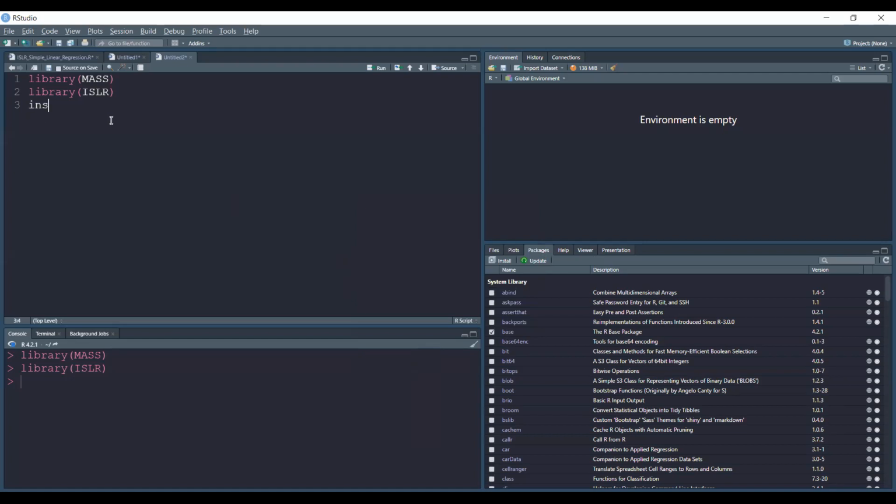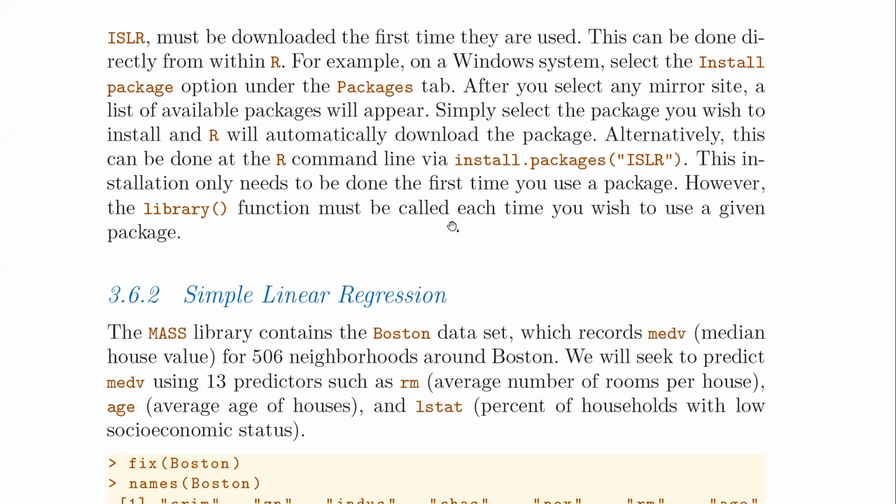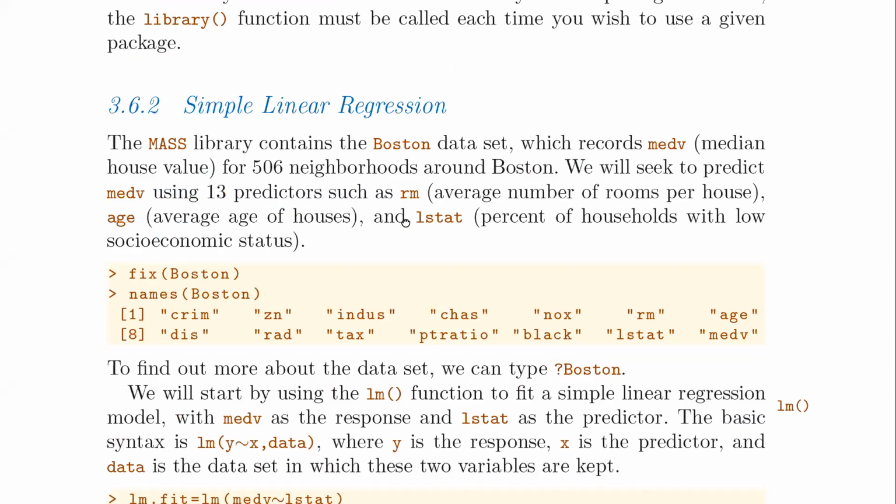Another way of installing is by typing install.packages. You need to use these inverted commas. Don't forget that you then need to load the package. So after installing, you do need to actually tell R library and that package, without inverted commas then. However, the library function must be called each time you wish to use a given package.